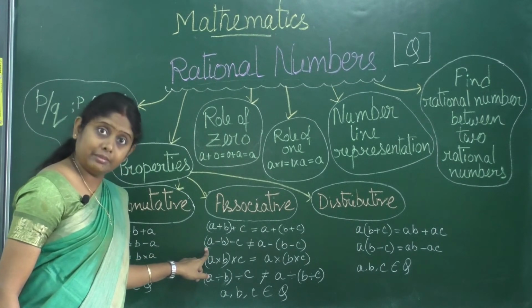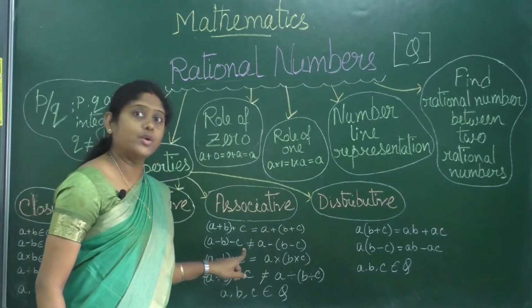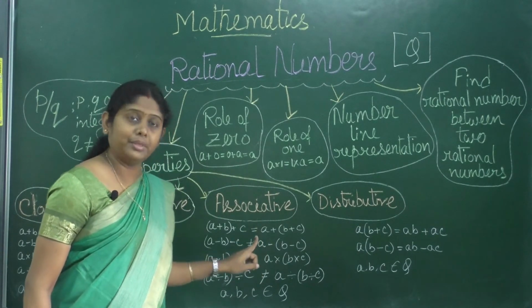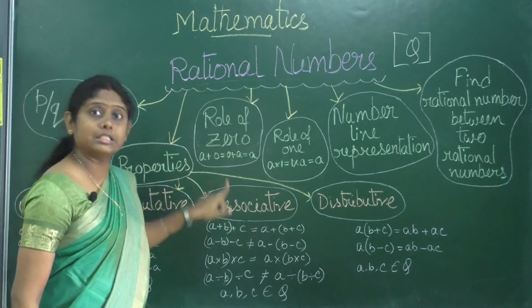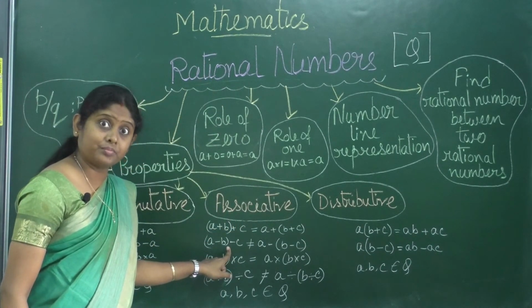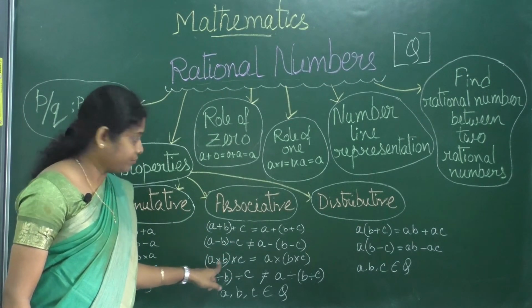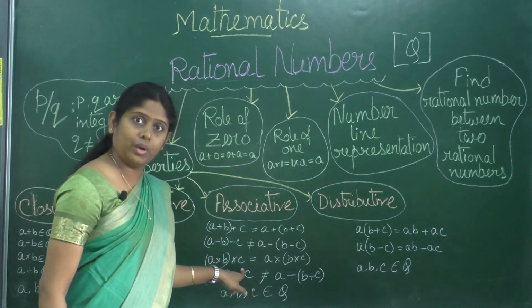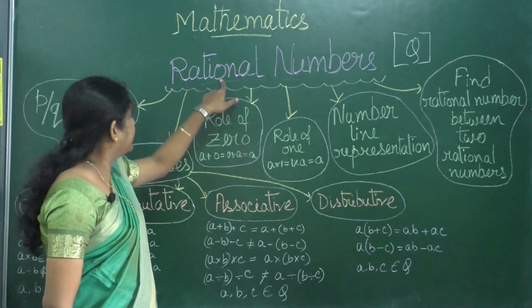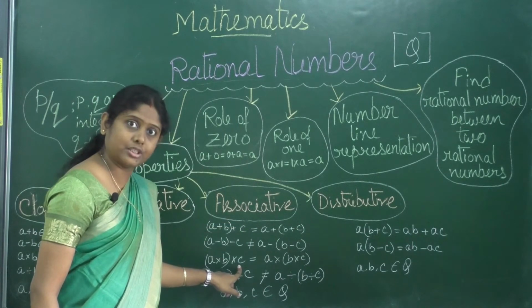For subtraction, you can see both sides are not equal. That means rational numbers are not associative under subtraction. Similar to addition, we can see for multiplication both sides are equal. So, rational numbers are associative under multiplication.